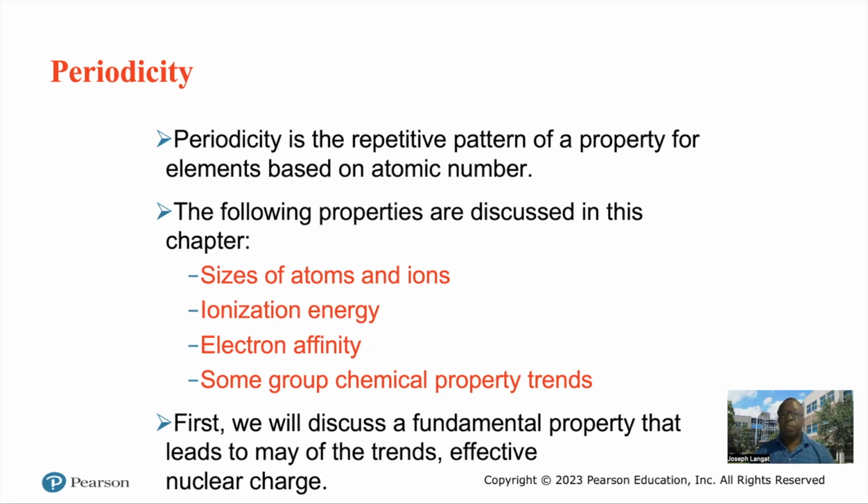The sizes of the atoms or ions we saw in section 9.1. The size of sodium ion is smaller than the size of potassium ion. We will also talk about the ionization energy, which is the minimum energy required to remove an electron from an atom in gaseous state.